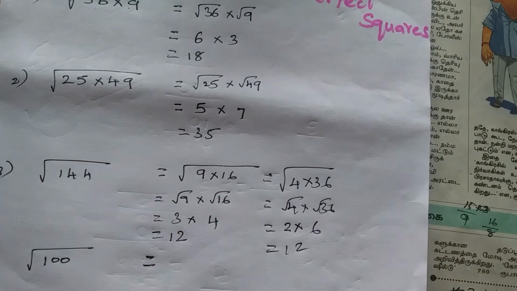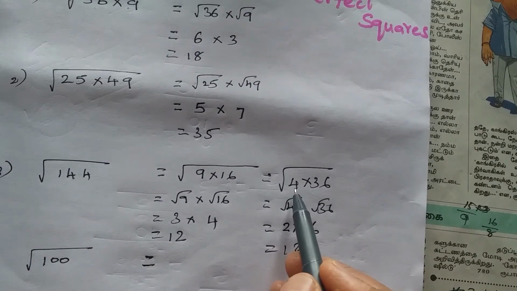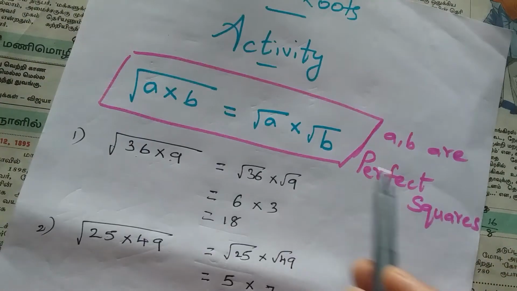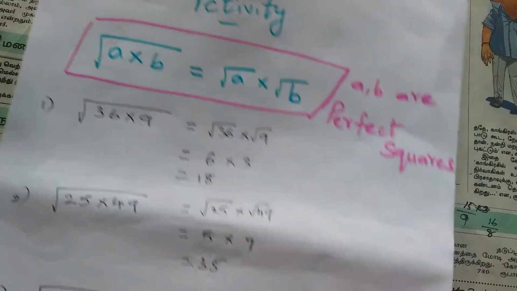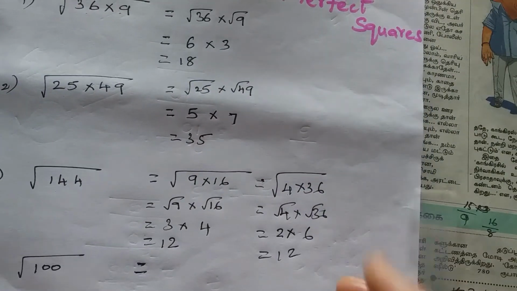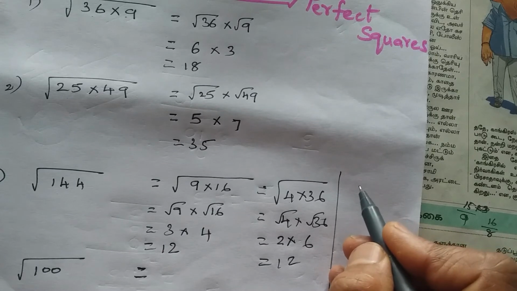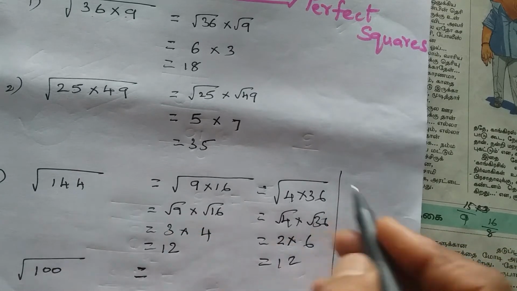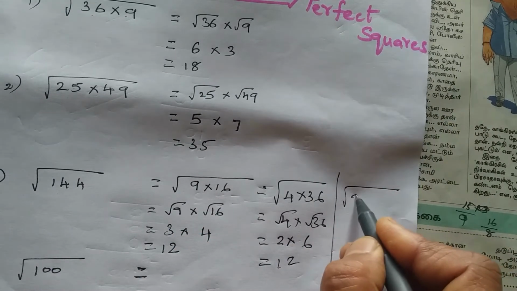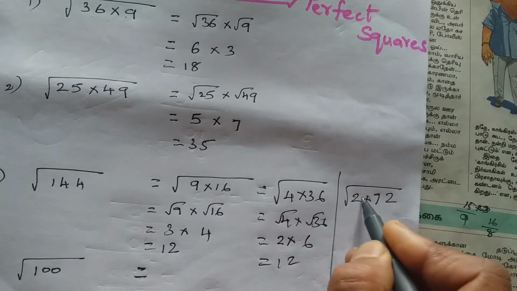But what is the condition while you are splitting? Both the numbers, this is A and B, are perfect squares. You see that you split as a product of perfect squares. What do you mean by that? We can split this 144 as 2 into 72 also.